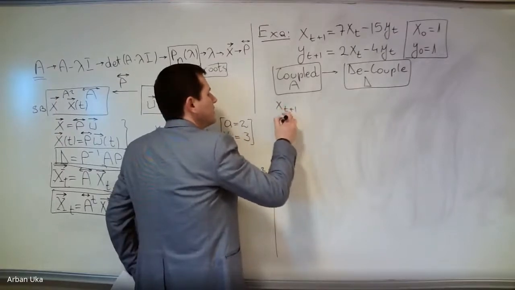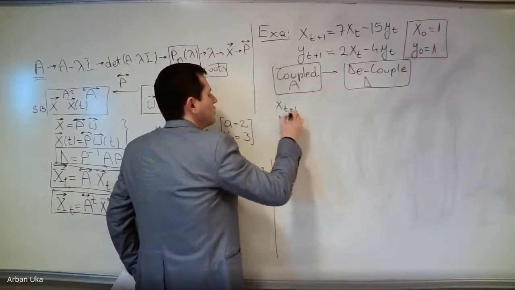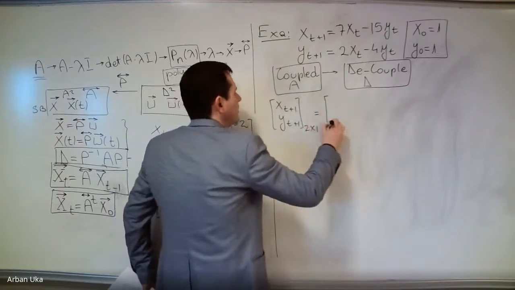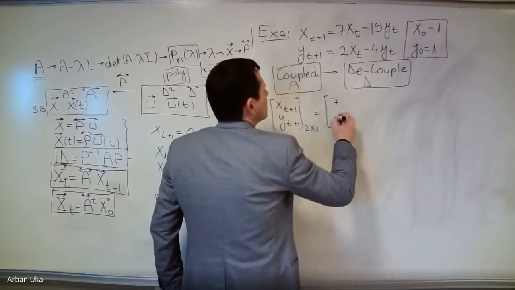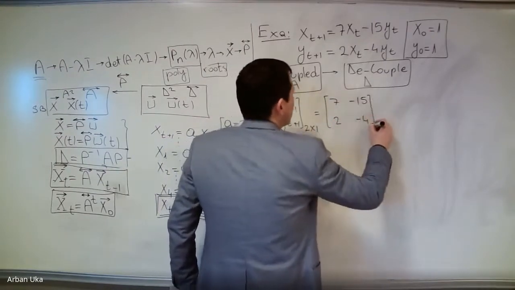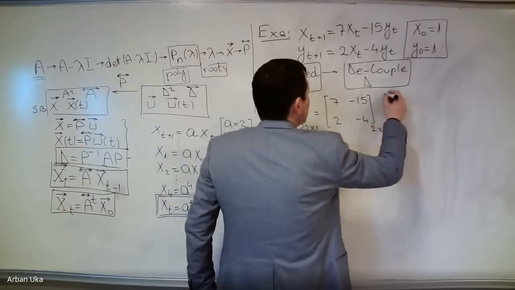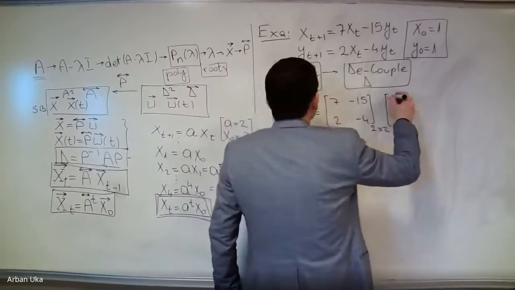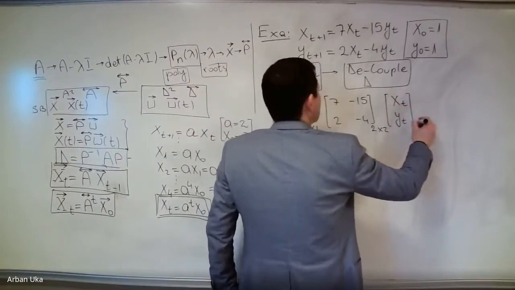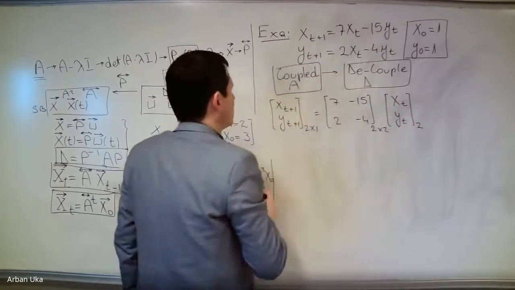So we have xt plus 1, yt plus 1. This is a vector, which is a vector 2 by 1. And this is equal to a matrix which is 7, 2, minus 15, minus 4. Here we have a matrix which is 2 by 2 times the vector xt and yt. So this is, wait a second, no, this is correct.